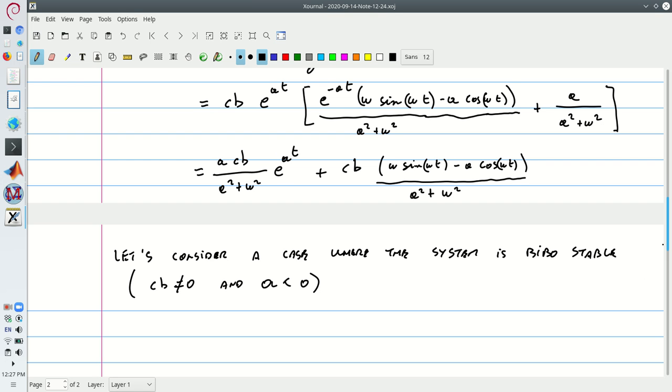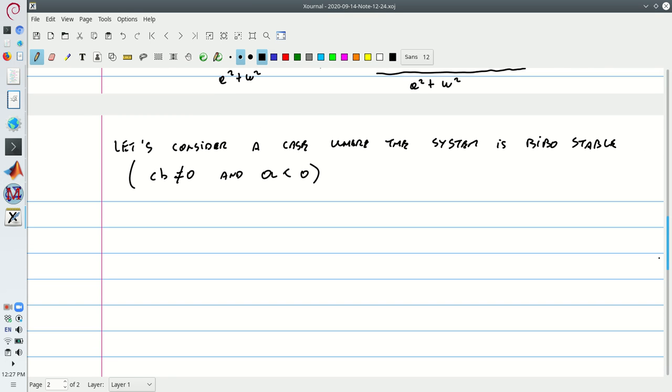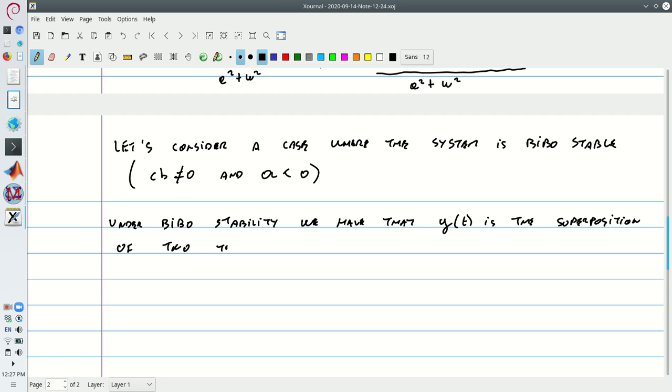So under this condition, under BIBO stability, we have that y of t is the superposition of two terms.